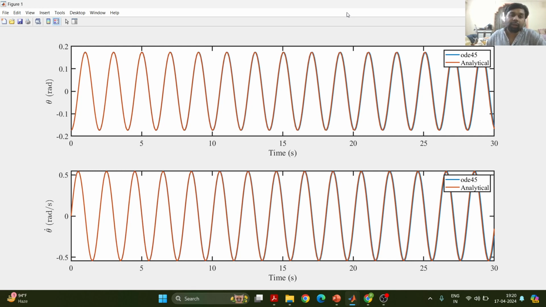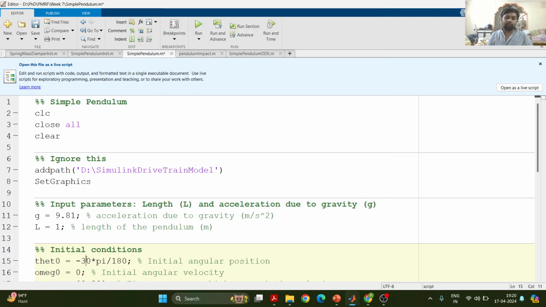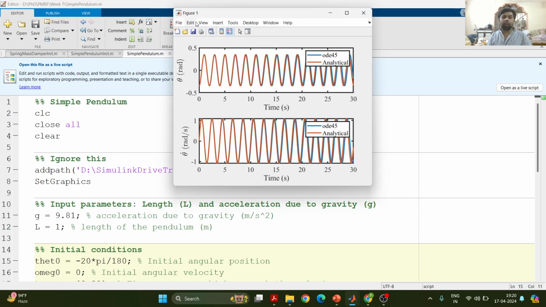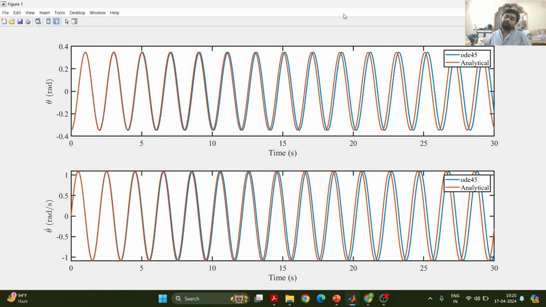This is a purely undamped oscillation case, which is why we get a more or less sinusoidal behavior. But if we start increasing the angle, say to 20 degrees, we start seeing some deviation of the analytical solution from the numerical solution.